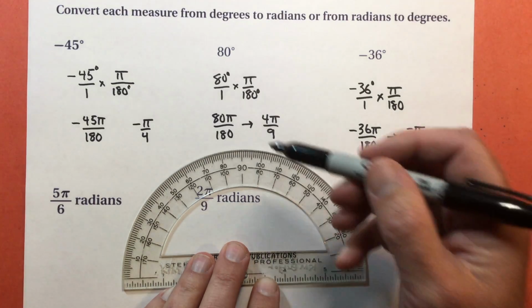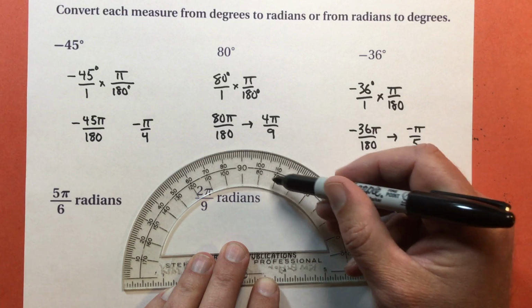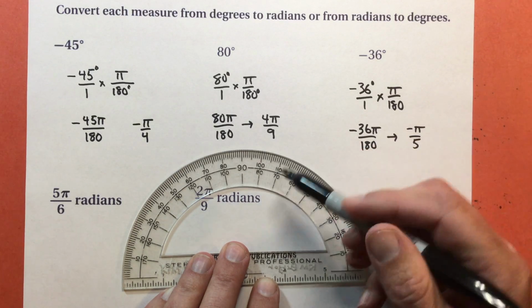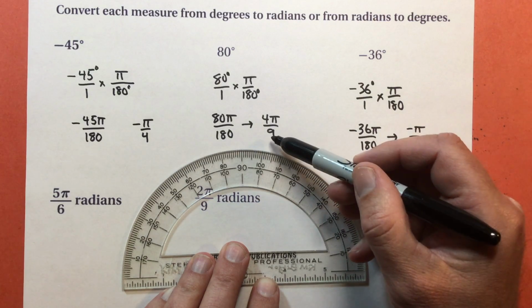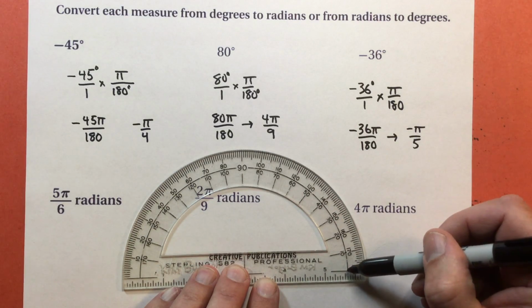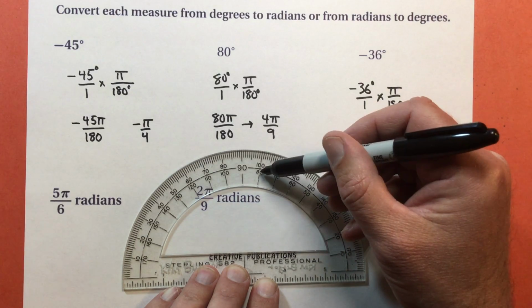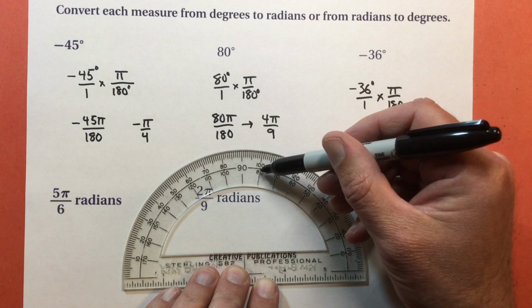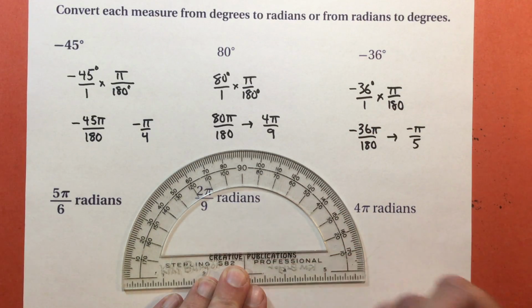And 80 degrees would be 1, 2, 3, 4, 5, 6, 7, 8 of them. So that's 8 over 18, which is going to reduce to 4 over 9. Or you can think of it as here's 20, 40, 60, 80. That's 4 groups of 20 degrees, and then I've got 9 groups of 20 degrees, making it all the way to 180.